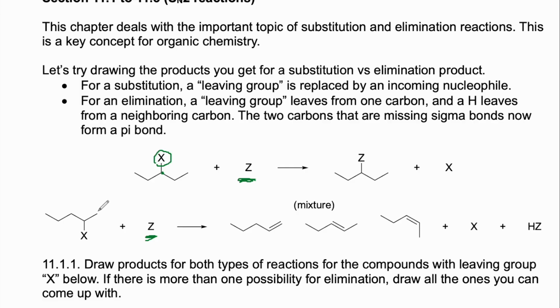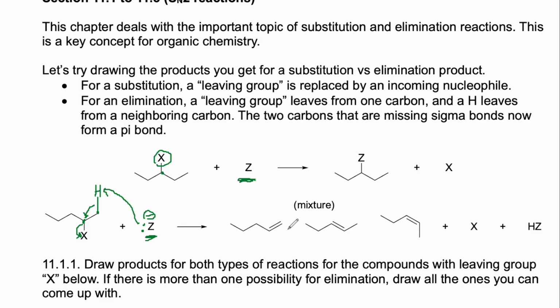And so we have a carbon that has the leaving group, another carbon that has a proton on it, and that Z, many times negatively charged, grabs that proton, and then we have the leaving group leave, and we end up with an alkene. So it's the opposite of an addition.